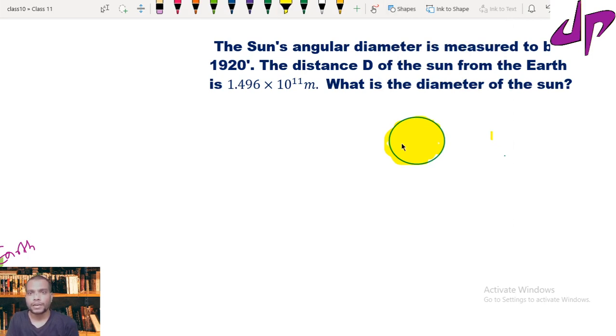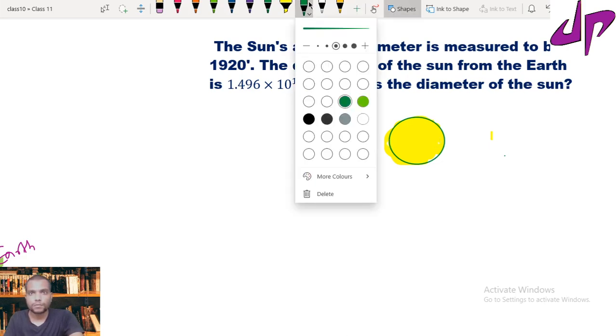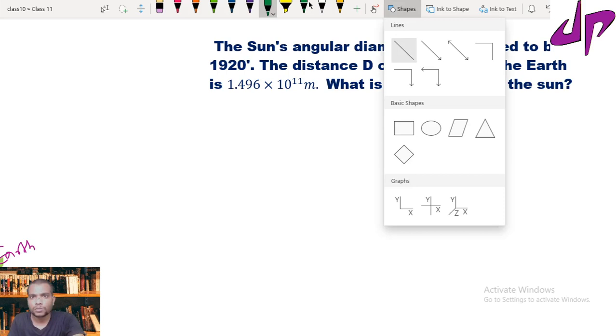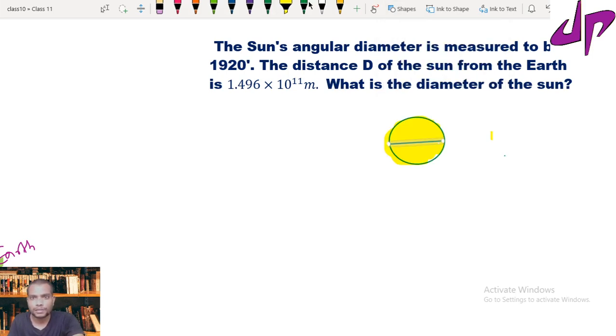Suppose I draw a line here, and from the earth we are observing the sun's diameter at two angles.